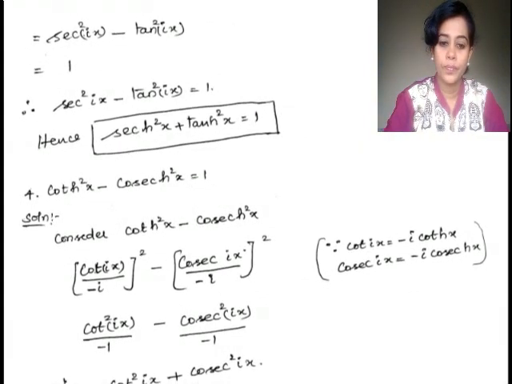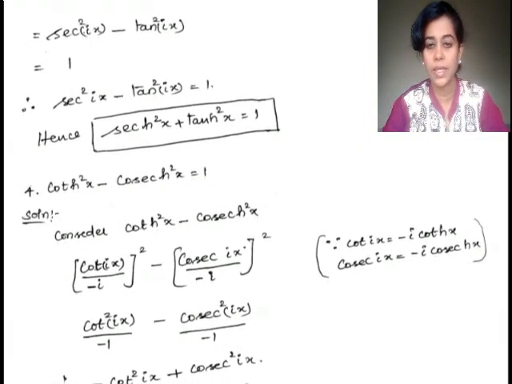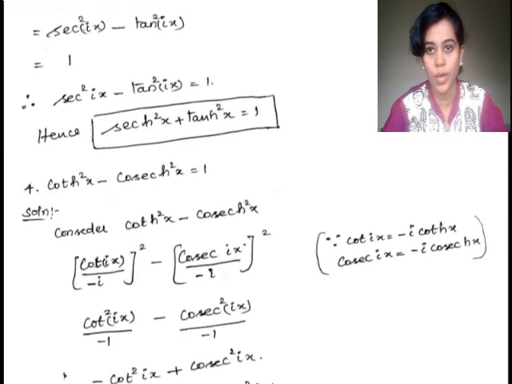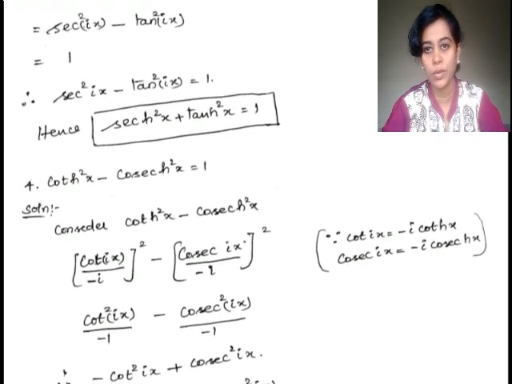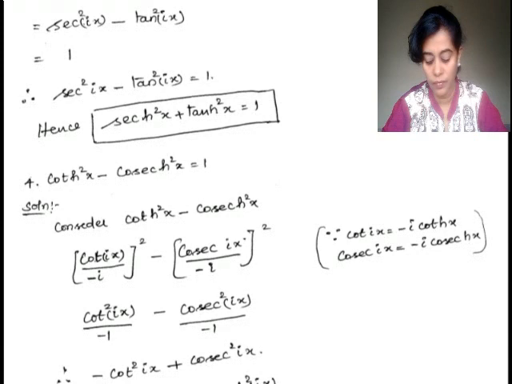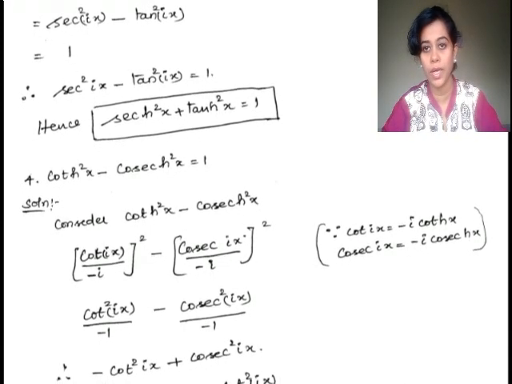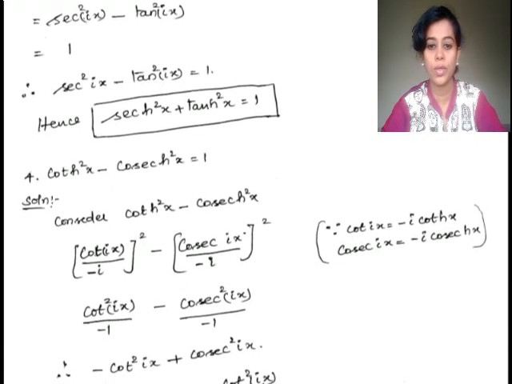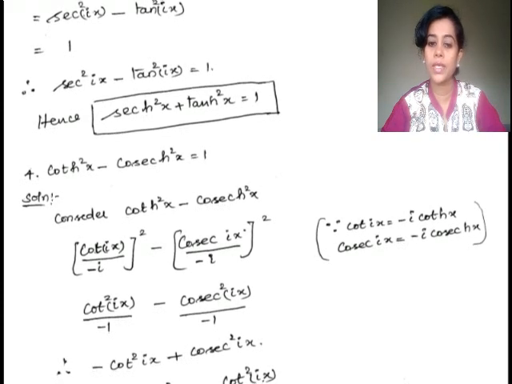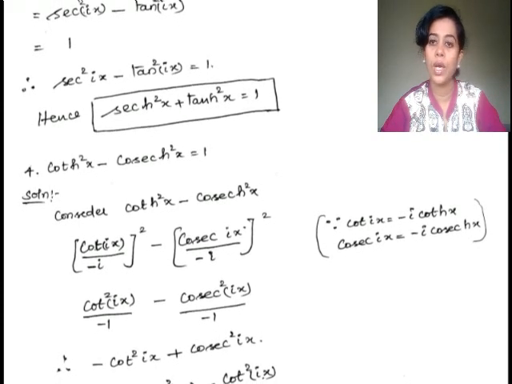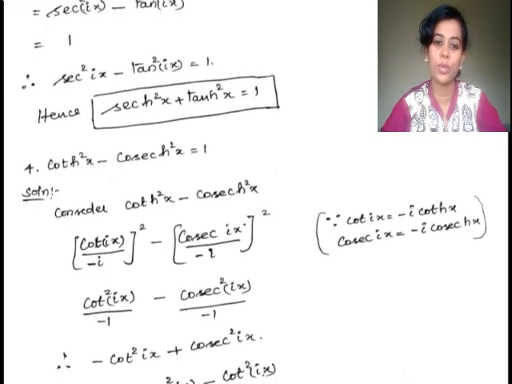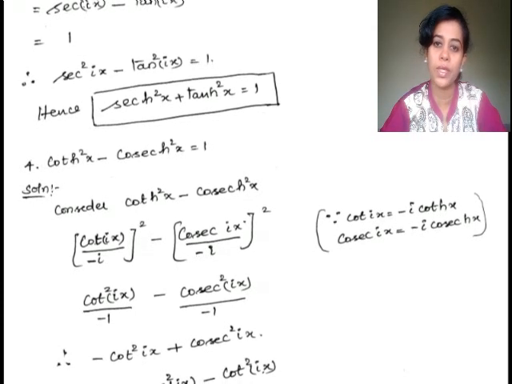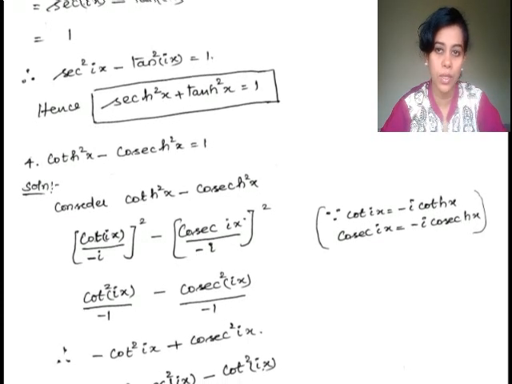It is sec²ix − tan²ix. Why is it minus? Because here we have (tan ix / i)², and i² is equal to minus 1. So therefore it is sec²ix − tan²ix. And by the trigonometrical identity we know that sec²θ − tan²θ = 1. So therefore this is equal to 1.